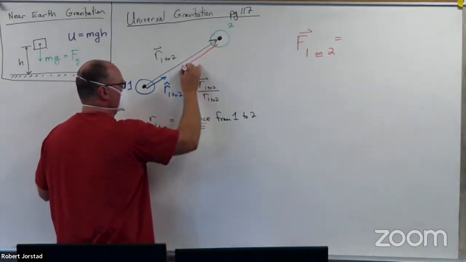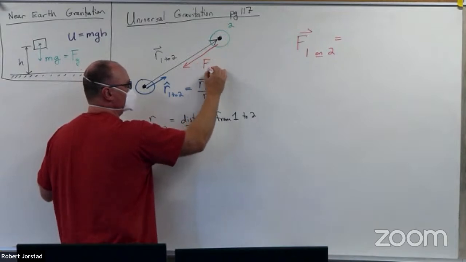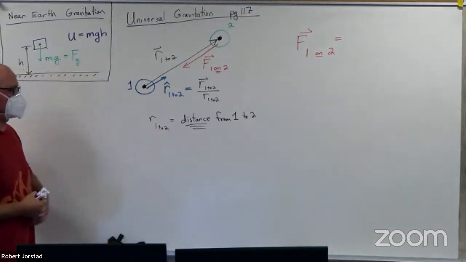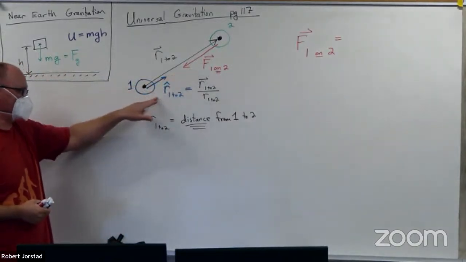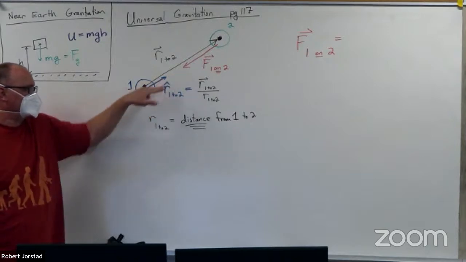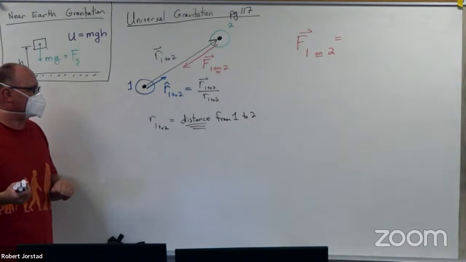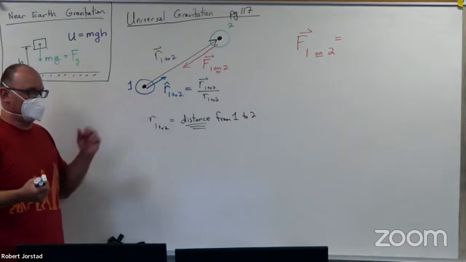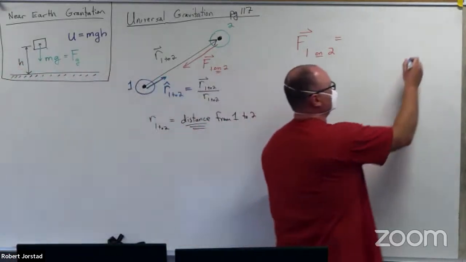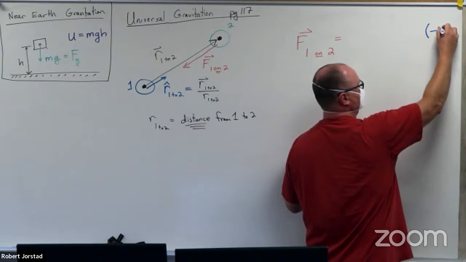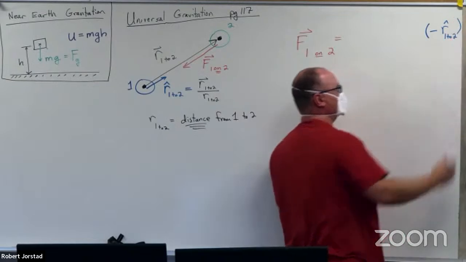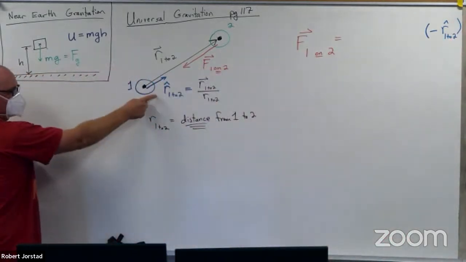So that's this way. What do you notice about that direction compared to this direction? Do you agree they're opposite? Right? So the reason I'm pointing this out is we oftentimes specify the direction as negative r_1-to-2 hat. That's going to be the direction of the force in general.